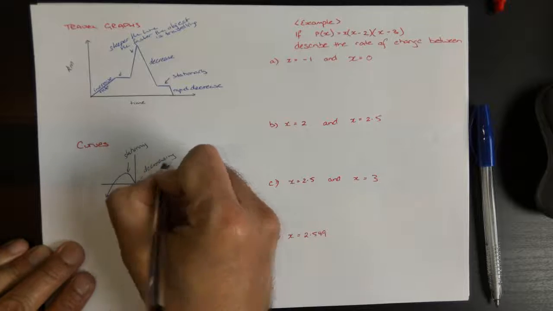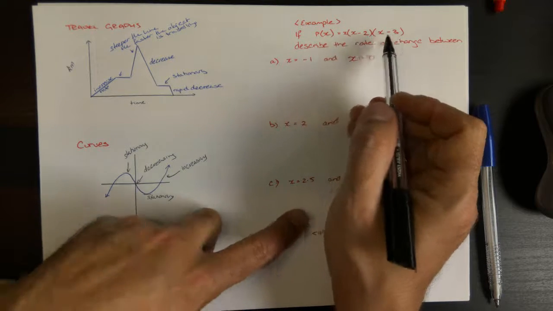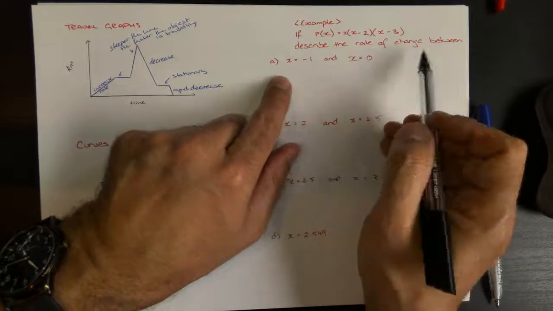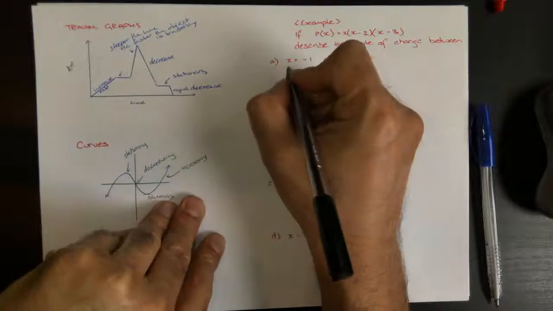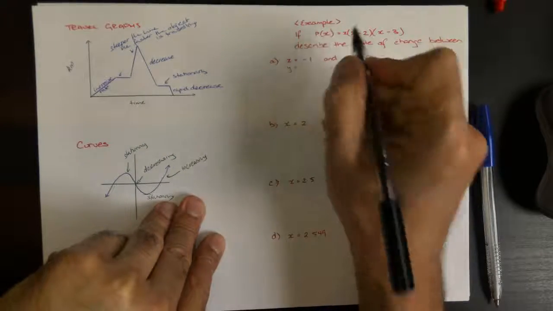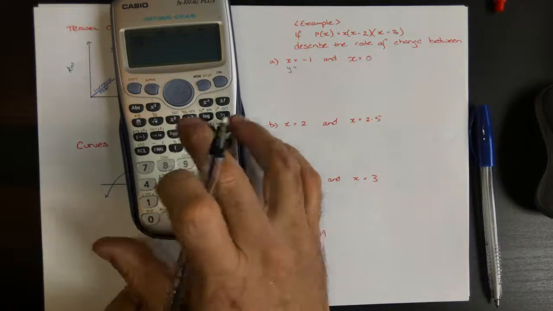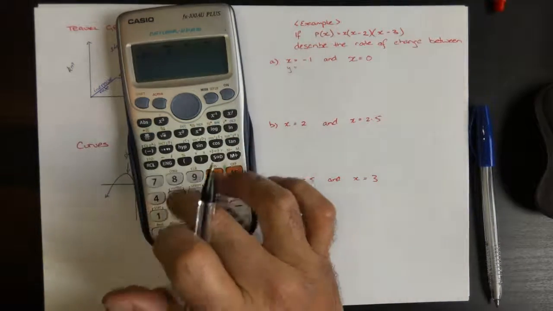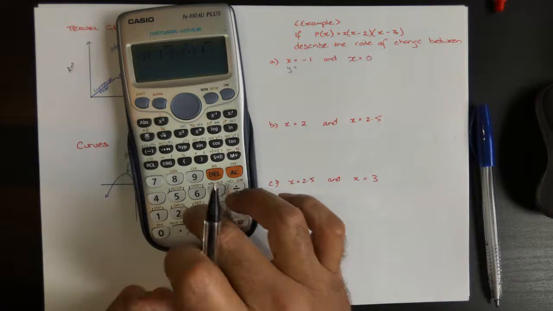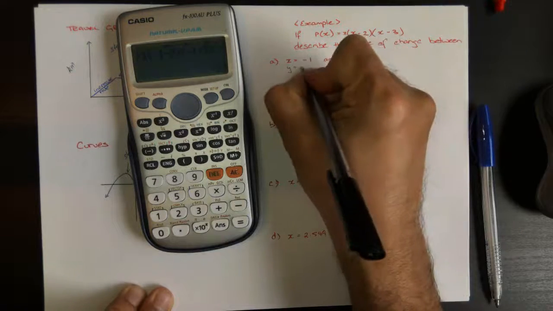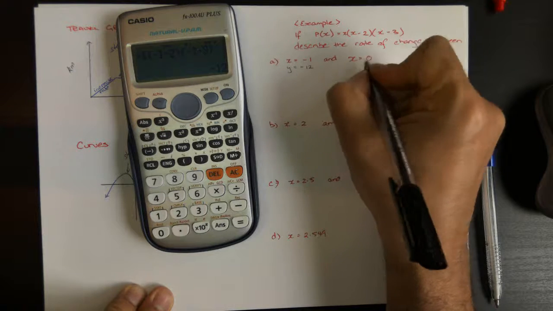So imagine we have this polynomial x(x - 2)(x - 3). We want to describe the rate of change between -1 and 0. So plugging in -1, I get -1 times (-1 - 2) and (-1 - 3). I get y equals -12. And from 0, I should get 0.